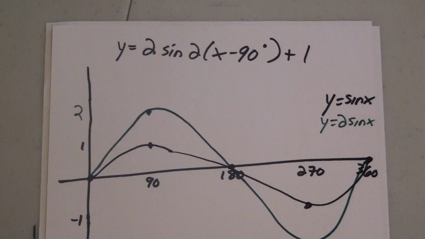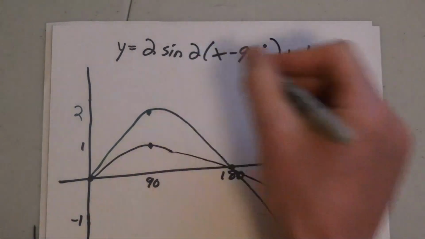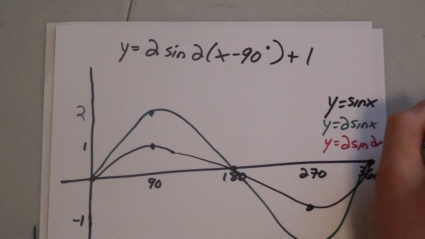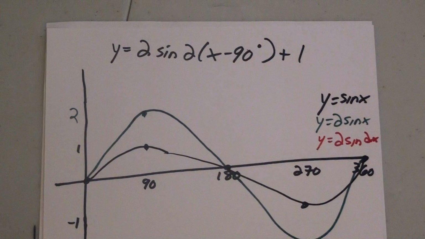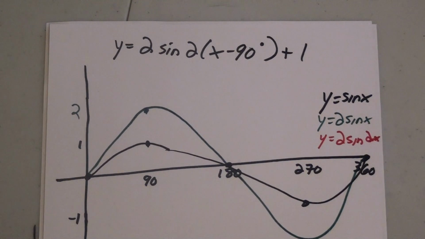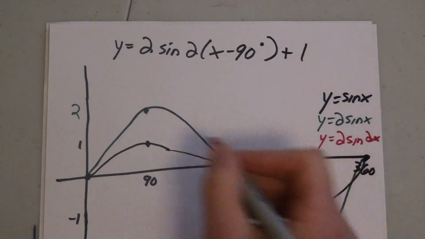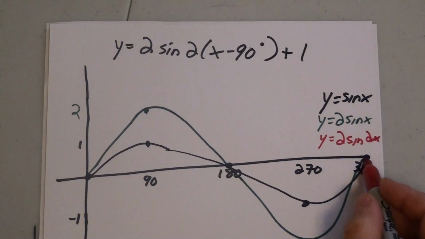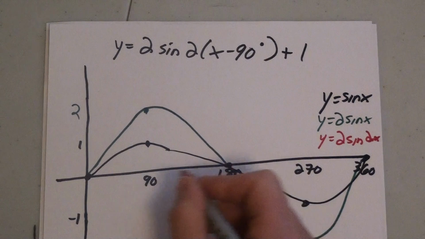Then I want to change my period. So I want to go y equals 2 sine 2x. Now my period is going to be cut in half. It is now going to be at 180 degrees, the full cycle. So what was at 360 will now be at 180. What was at 180 will now be at 90.